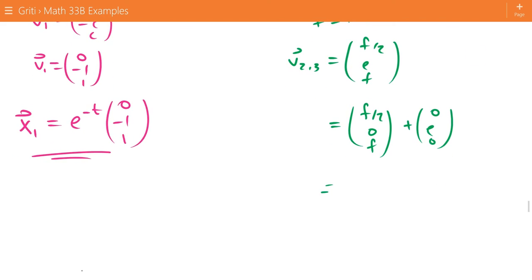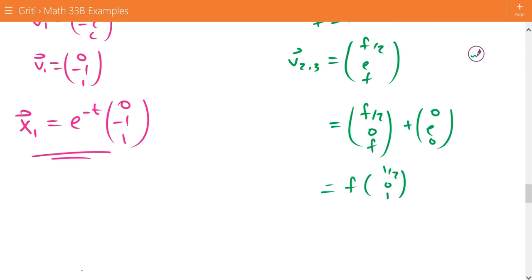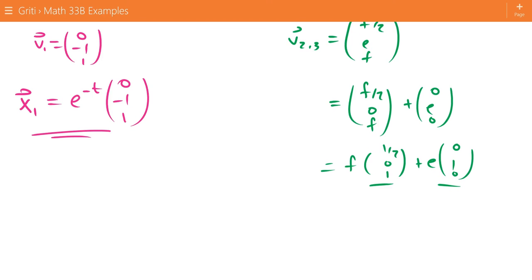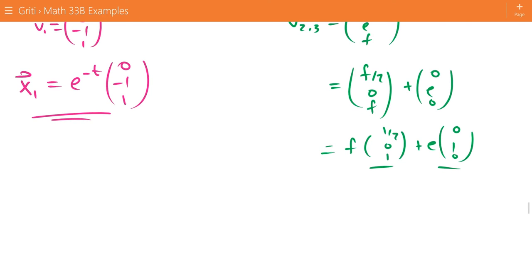And if we factor out f from this, we see we have two free variables, f and e. Factoring out e, you get (0, 1, 0). So we have two free variables, and the things multiplied to these free variables are our eigenvectors, or the basis of the eigenspace of A, or the null space of A minus lambda I.